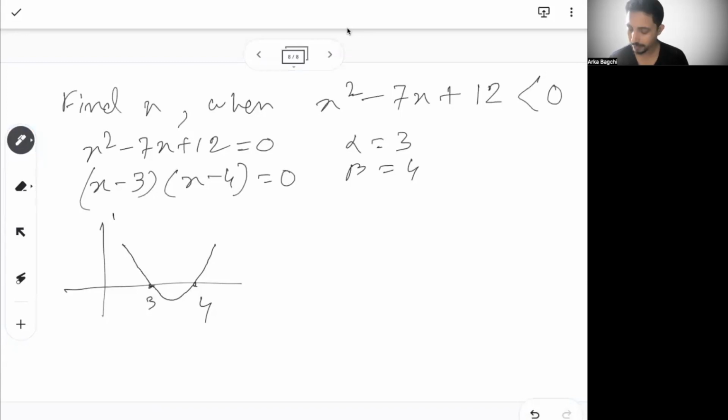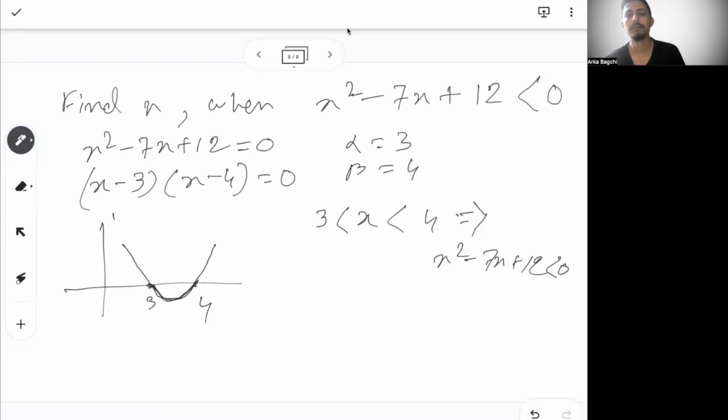So between 3 and 4, your value of this equation will be negative. So 3 less than x less than 4 is when x square minus 7x plus 12 will be less than 0, right? So this is what you have to understand. So between 3 and 4, if you take any value, I'll show you the example also.